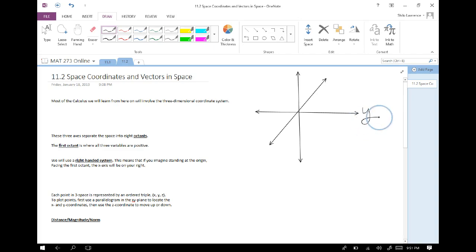Those are actually the Y and the Z axes. And this slanted line that I drew, we actually want to try to imagine that line coming out at us in a 3rd dimension, and that is the x-axis.